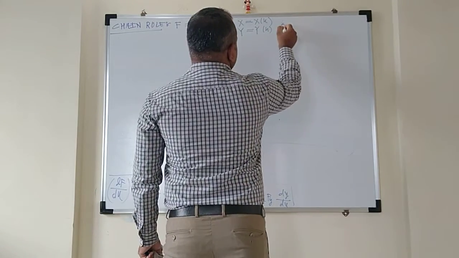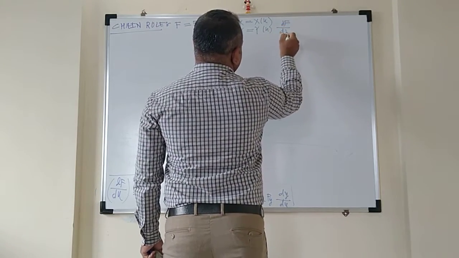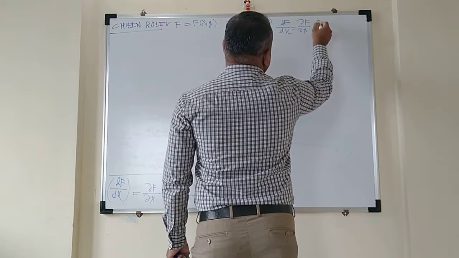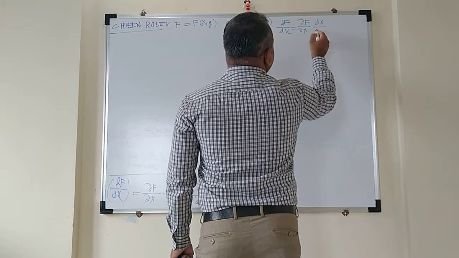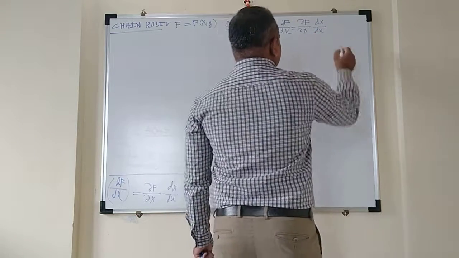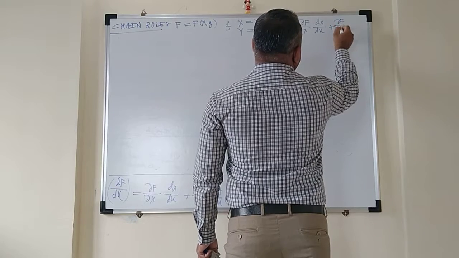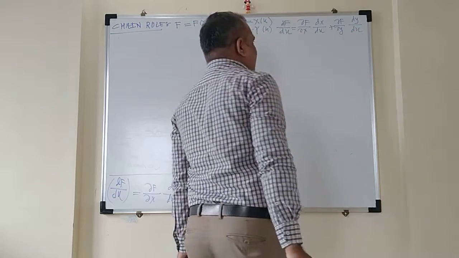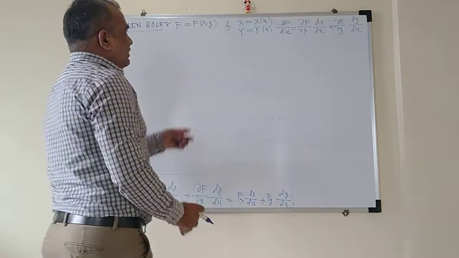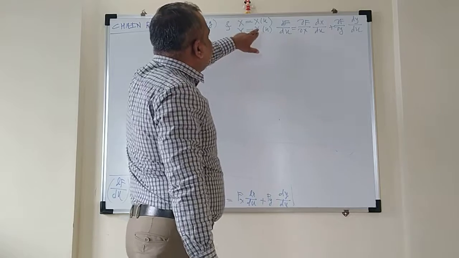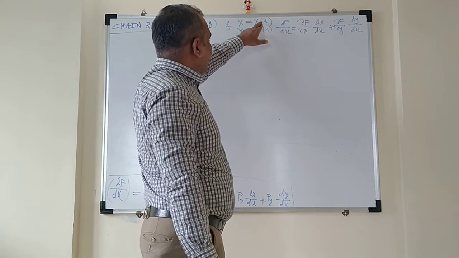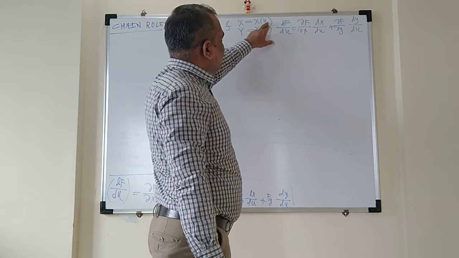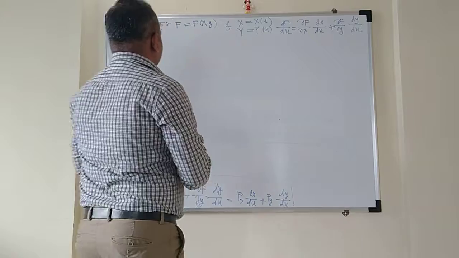The chain rule is df by du is equals to dou f by dou x into dx by du plus dou f by dou y into dy by du. That means you have to differentiate the original function with respect to x and y both, and differentiation of x with respect to u and y with respect to u.